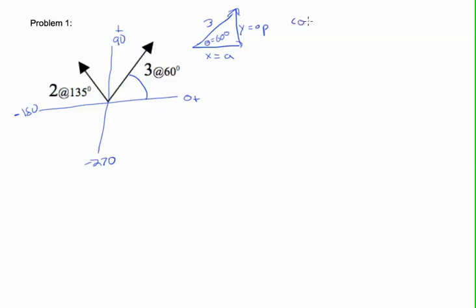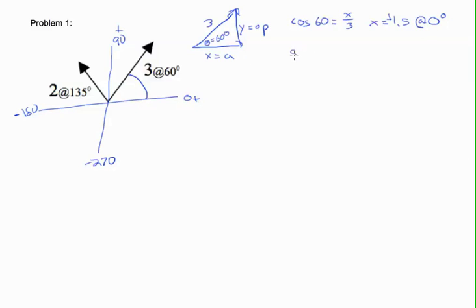We can find our x by cosine of theta equals adjacent over hypotenuse. And because it's pointing at 0, it's positive 1.5 at 0 degrees.